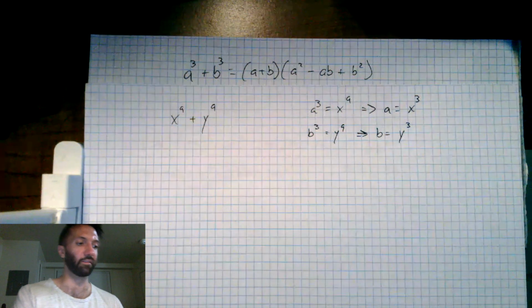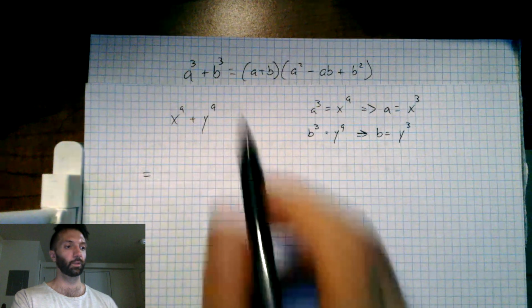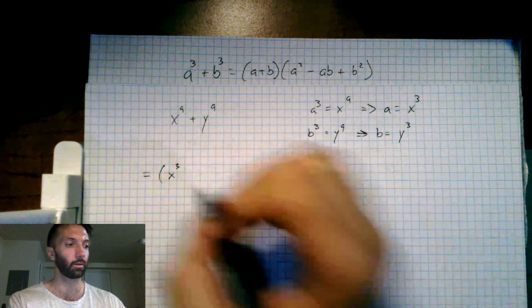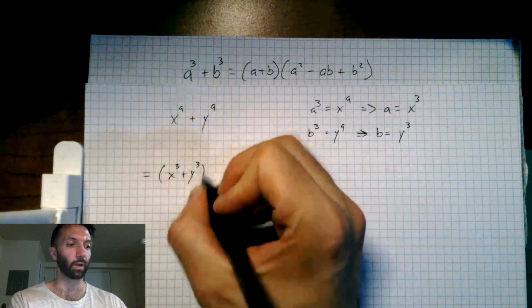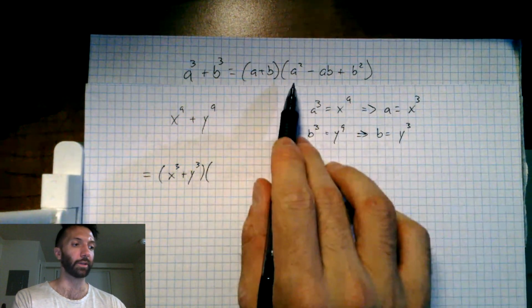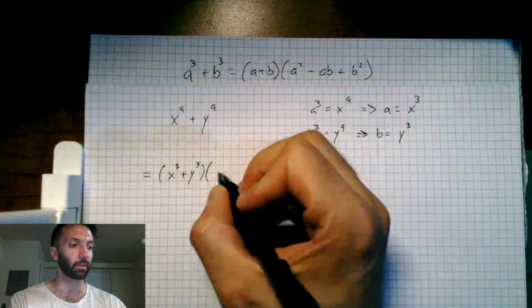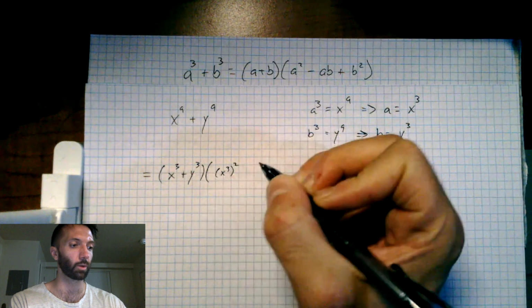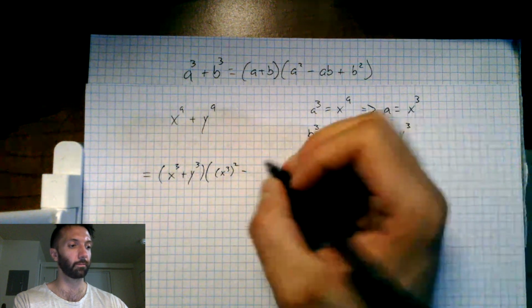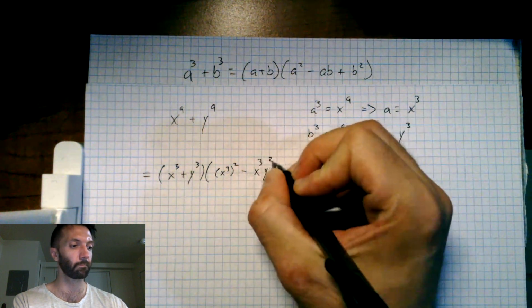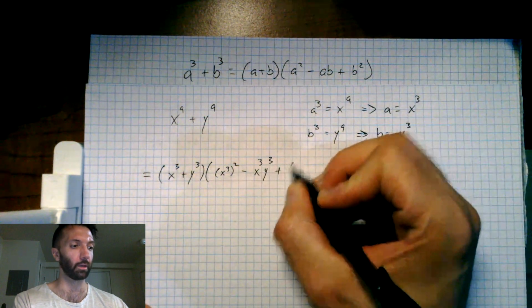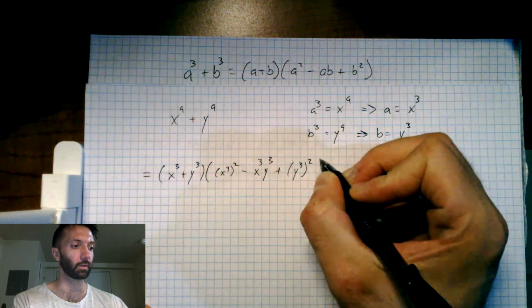All right, and now we'll go ahead and factor. So a plus b, a is x to the 3rd, b is y to the 3rd, and now our trinomial, a squared, so a is x to the 3rd, and we're squaring that, and then we subtract a times b, and then we add to that b squared, so that's going to be y to the 3rd to the 2nd power.